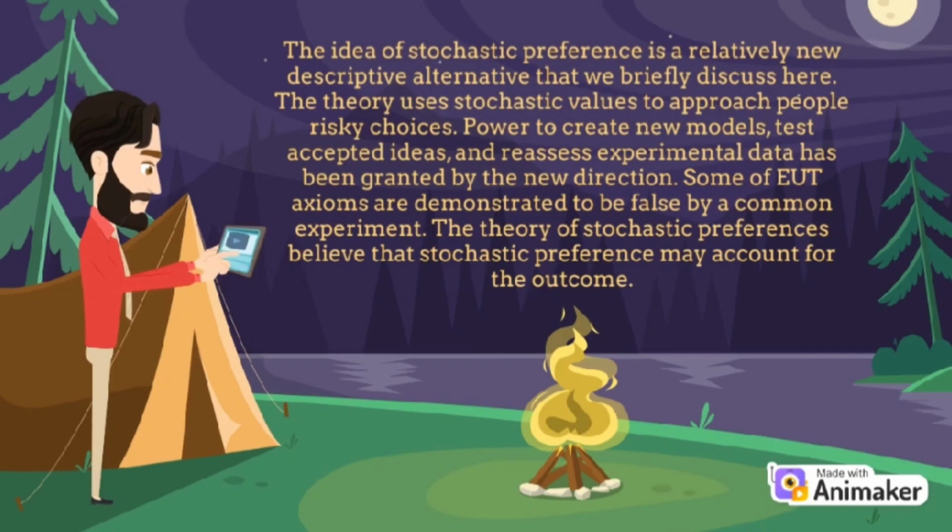Some of the EUT axioms are demonstrated to be false by a common experiment. The theory of stochastic preferences believes that stochastic preferences may account for the outcome.